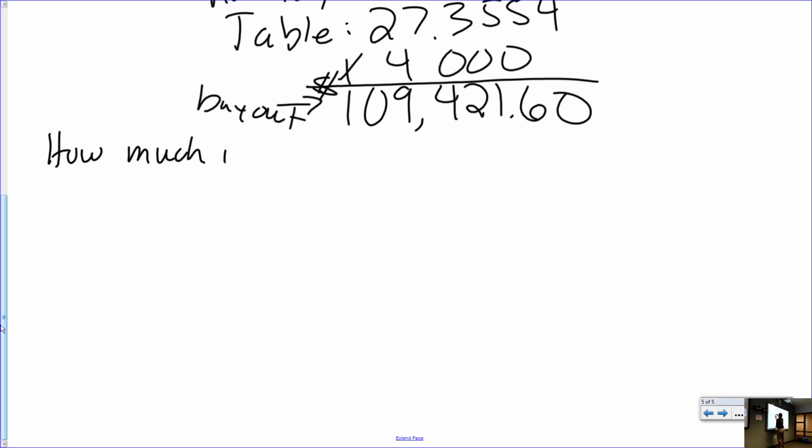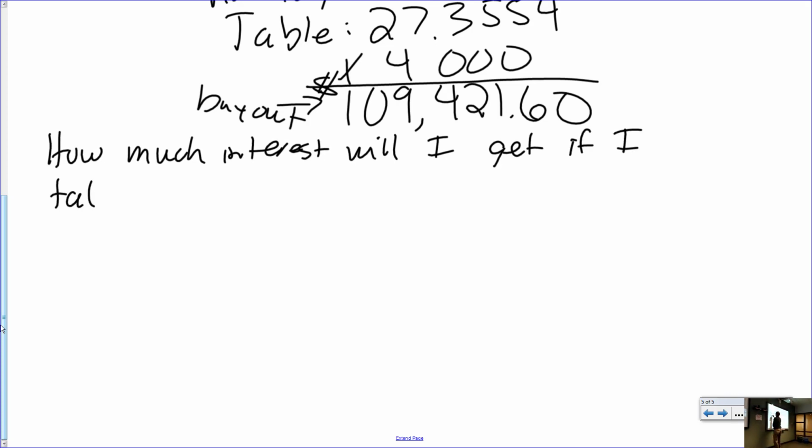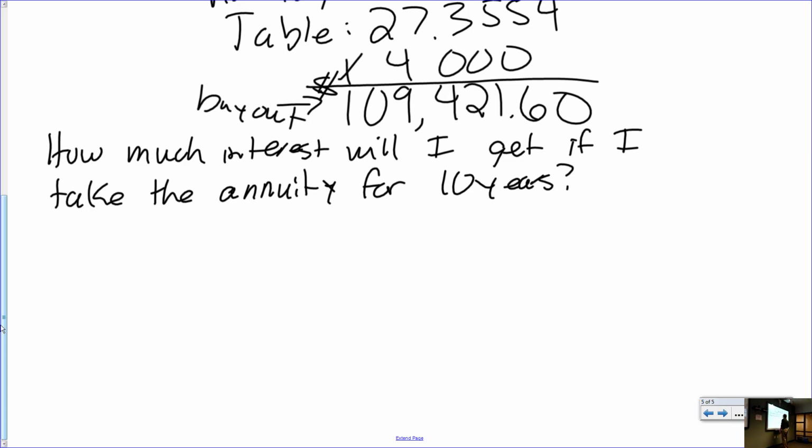How much interest will I get if I take the annuity for 10 years? So remember, the $109,421.60, that's how much you put in, right? Now you're just going back the other way. How much do I get out?